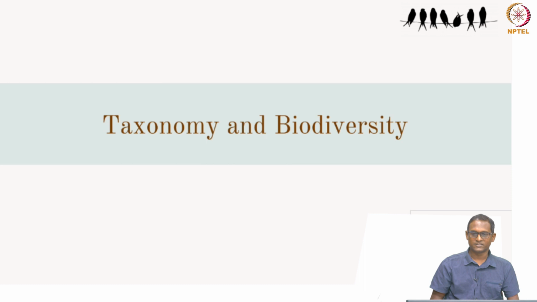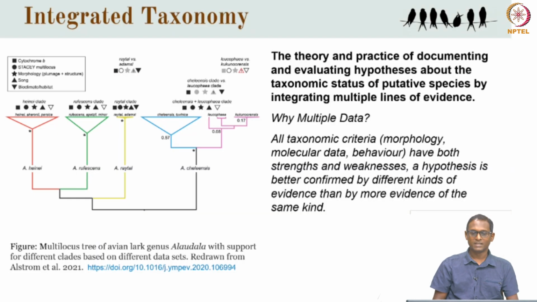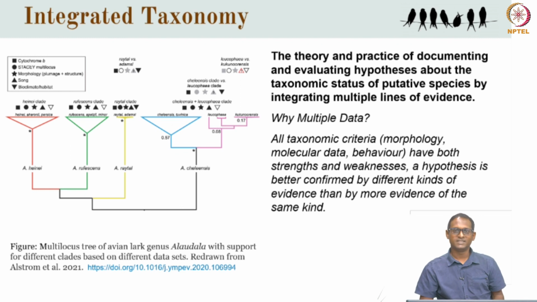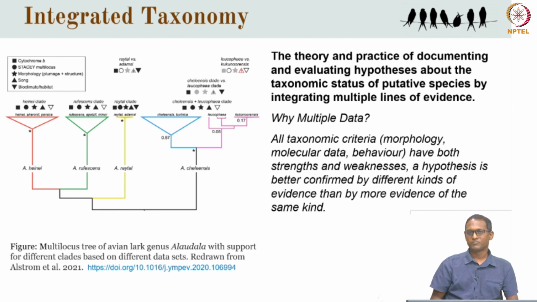Now, going on to taxonomy and biodiversity. How can we use genetic data, molecular techniques, to answer questions on taxonomy? Early days, as we all know, people used only a set of traits. You could look at plumage, you could look at bone structures or such, and you would come up with a relationship between different organisms.